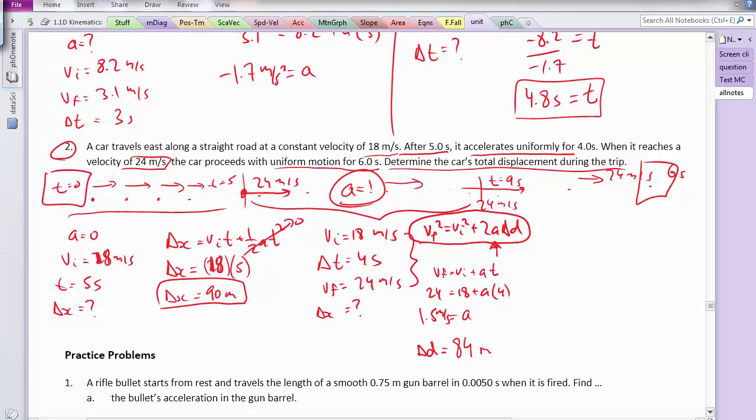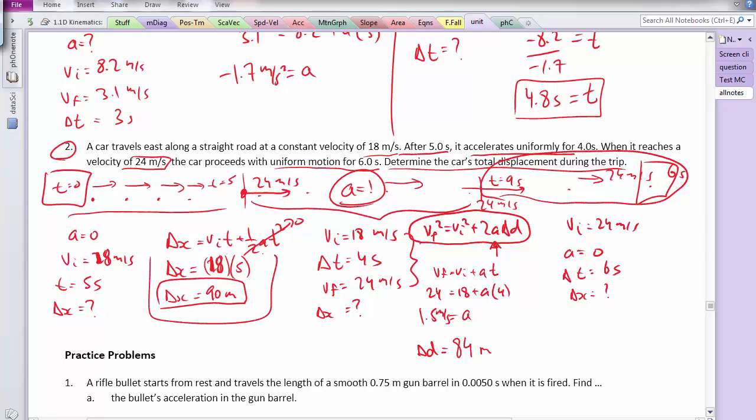And in the last section here, we're moving at a constant speed. So the v initial is 24 meters per second, acceleration is 0, and time is 6 seconds. And so we want the displacement in x. Okay, so we're going to use the same equation as here.